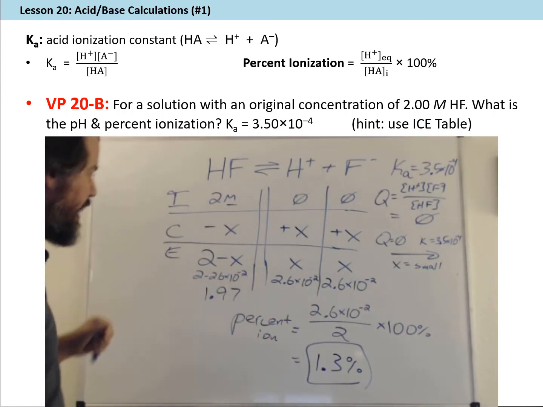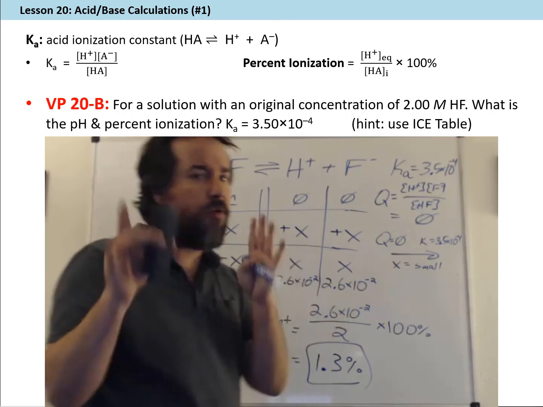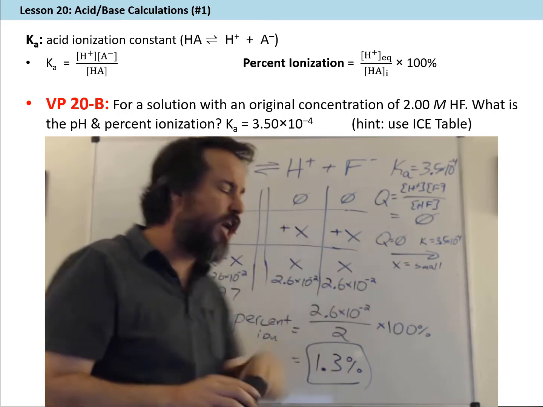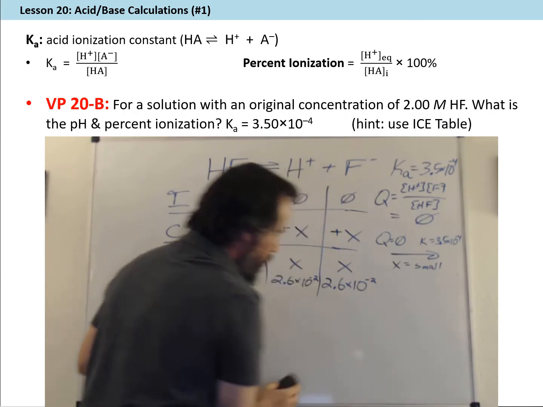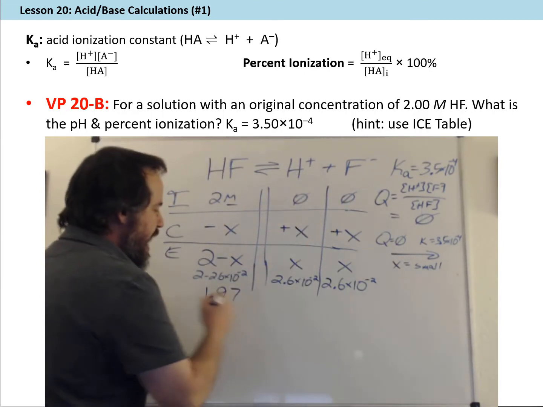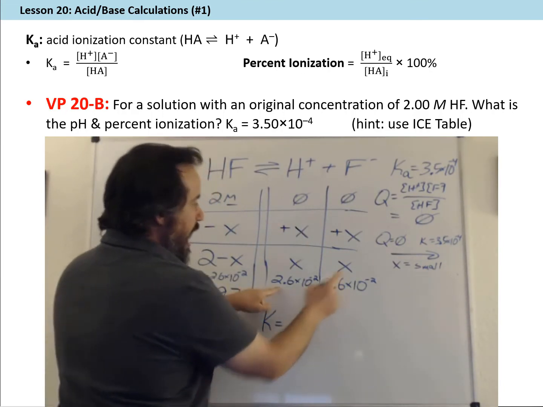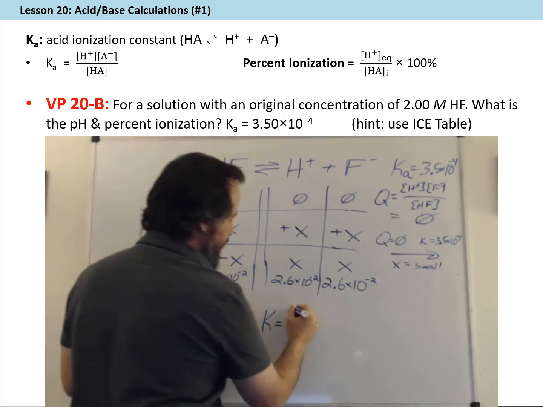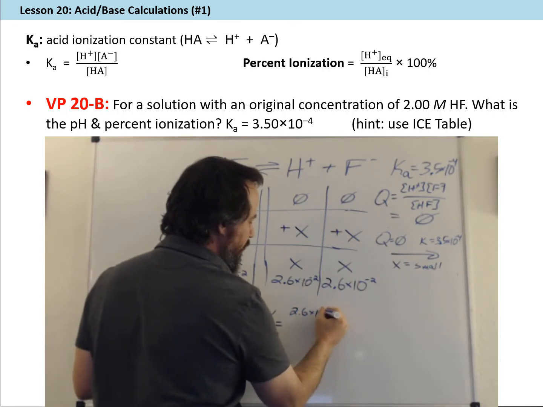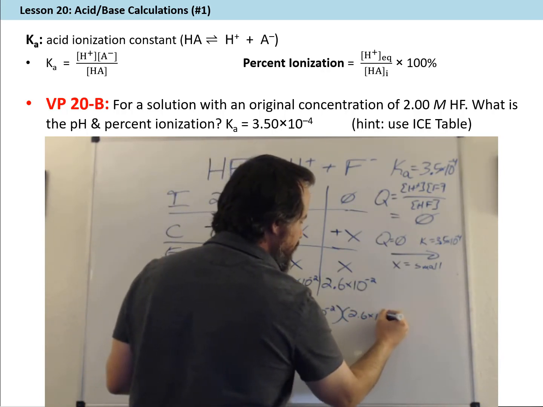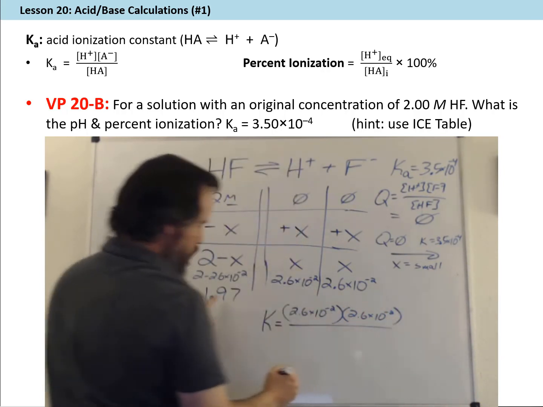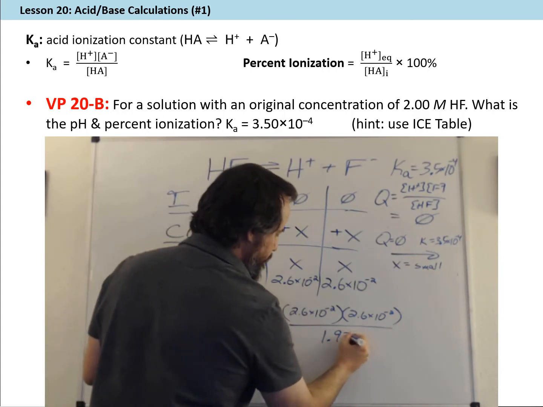All right, so that's it for this problem. We'll show it on the screen in a little bit, but let's just go back to what we did for equilibrium and let's check our work, right? Remember, we said we can check our work by doing K, and I can basically plug these things in. So that'll be 2.6 times 10 to the minus 2 times 2.6 times 10 to the minus 2 over 1.97.